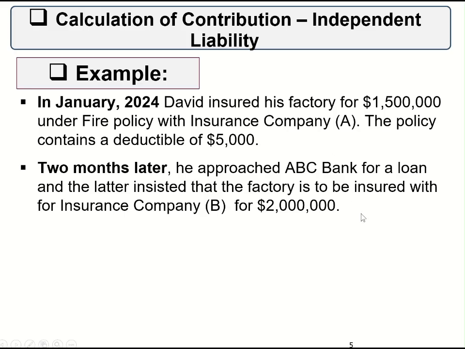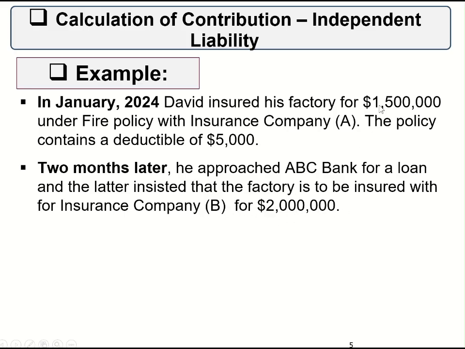So what happened up to this stage? David has insured his factory for $1.5 million with company A, with a deductible of $5,000, and also at the request of the bank, he has another insurance policy with company B for $2 million.